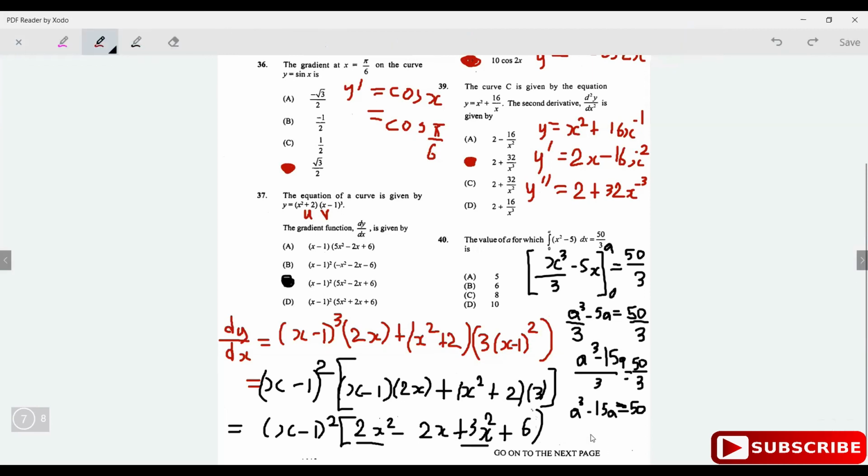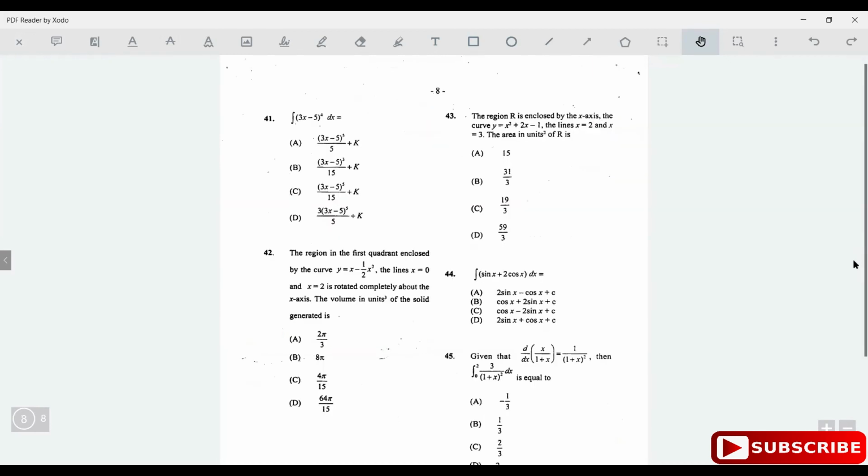So when I put in a as 5, that will give me 50. And so a equals 5. Instead of making a cubic equation and solving a cubic, we don't need to be doing that. Let's try the values. Nice. Question 41.